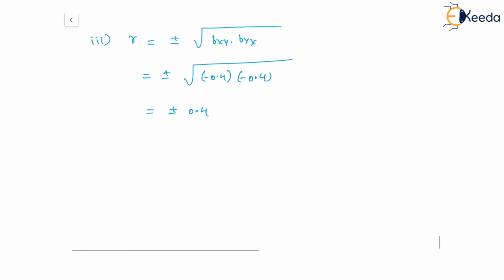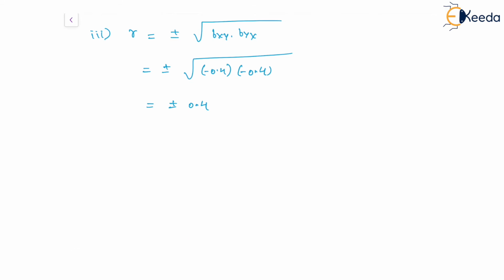Now we have to understand that since byx and bxy are both negative, therefore r will also be negative, and we choose r equal to negative 0.4 in this case.